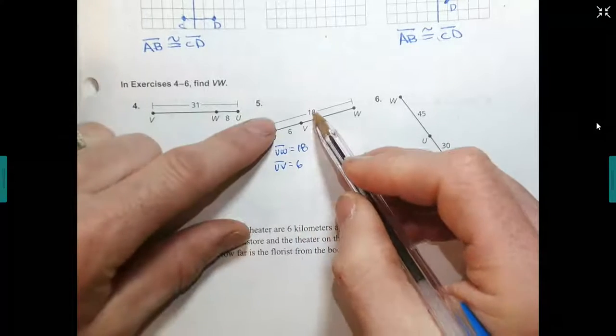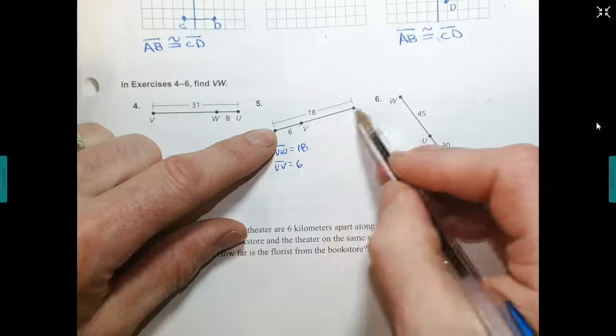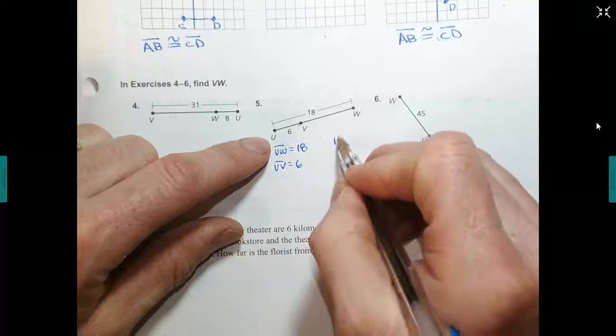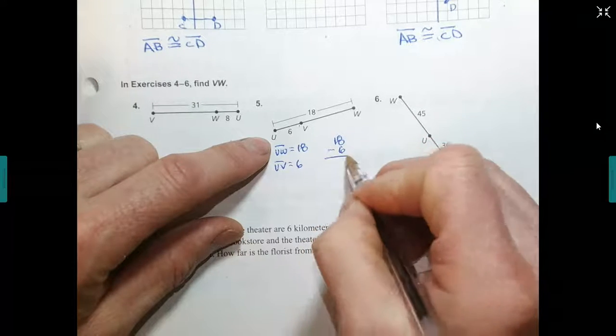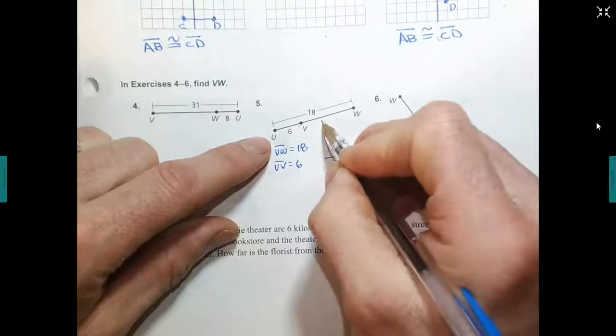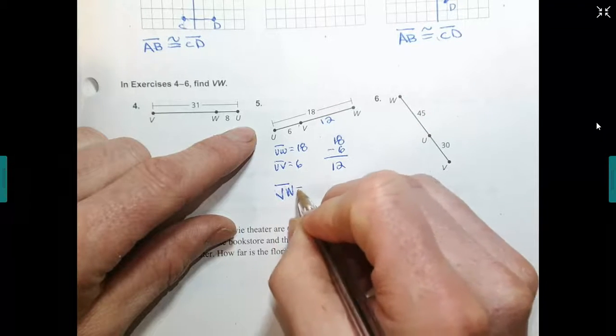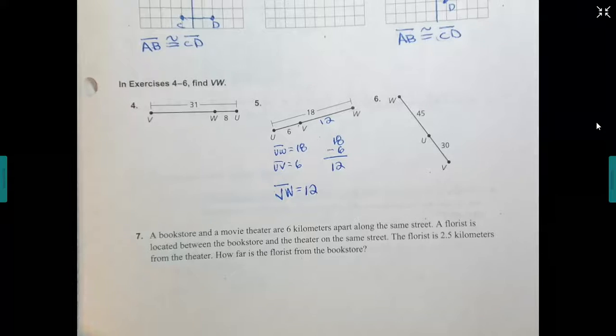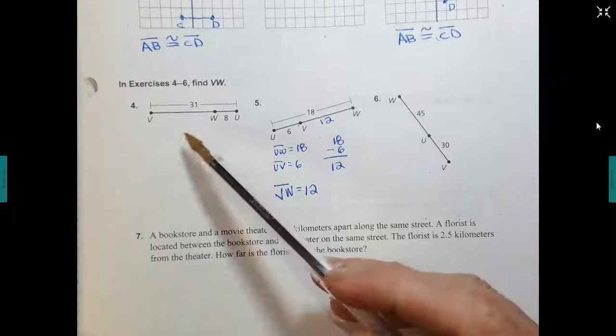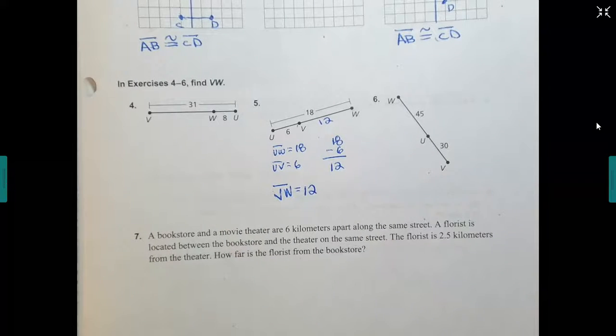If I take 18 and I subtract 6, then I'll find this length of VW. So 18 minus 6 equals 12. So VW equals 12. Okay, go ahead and do 4 and 5.